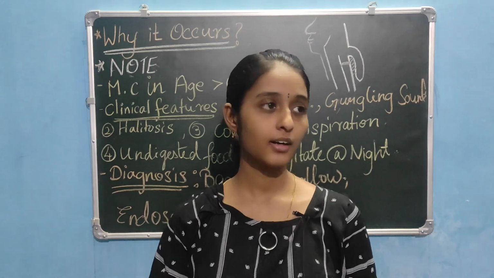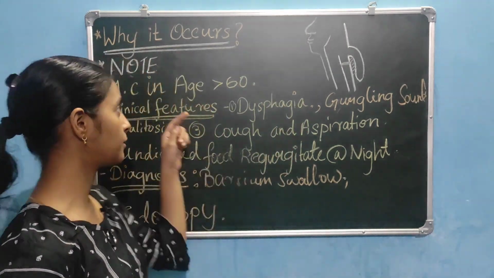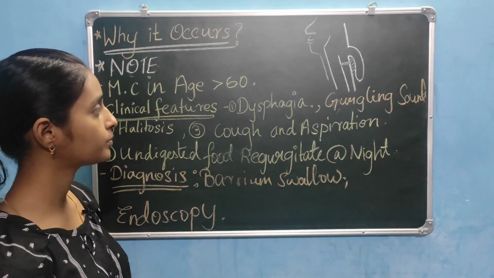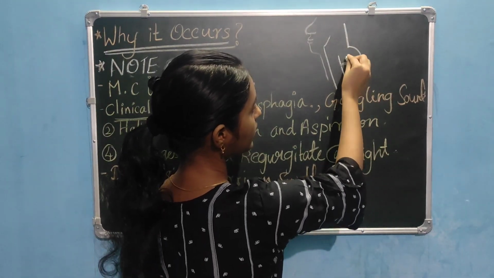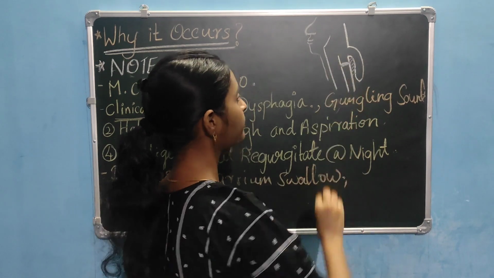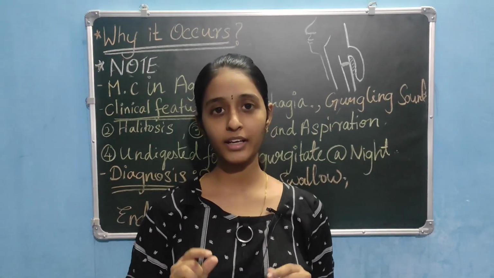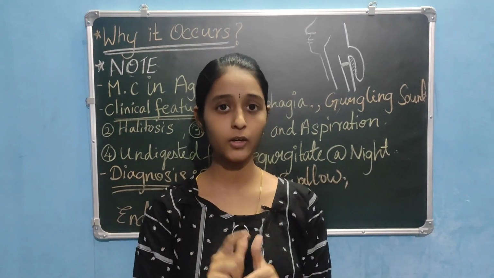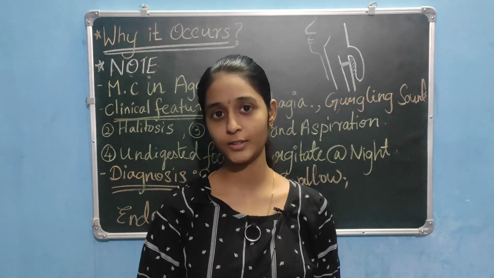Here we go with why it occurs. What is the reason for Zenker's diverticulum? This is the Zenker's diverticulum and here is the esophagus, which has the upper esophageal sphincter. We know that during swallowing, our upper esophageal sphincter has to open; only then can our food enter the esophagus.